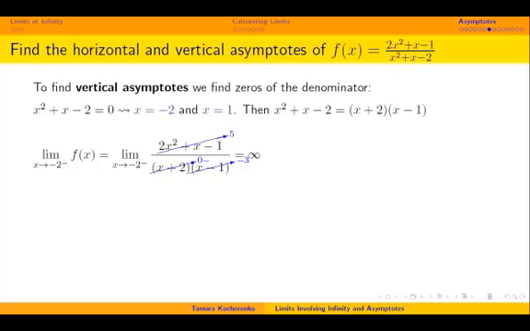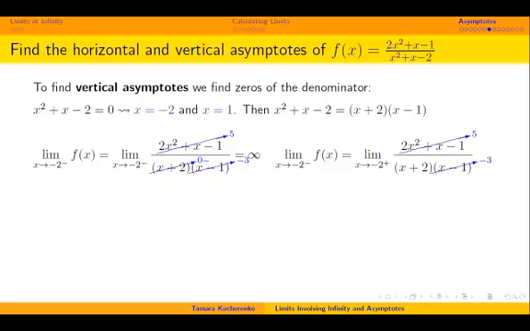Let's compute the right-hand limit of f at negative 2. Again, the value of the numerator at negative 2 is 5. X minus 1 at negative 2 is negative 3.